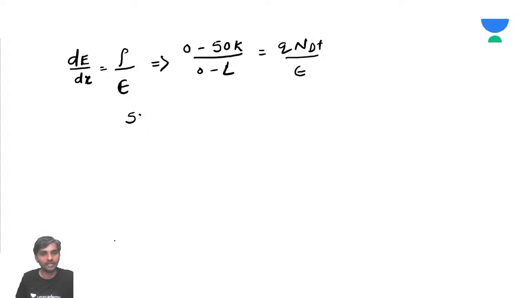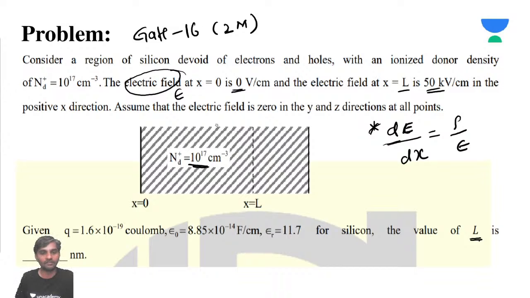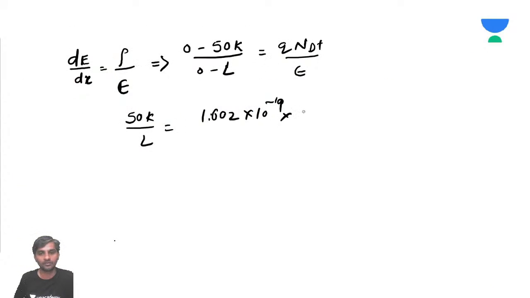So you will get 50K by L is equal to Q, which is 1.602 into 10 to the power of minus 19 coulombs, times Nd plus, which is 10 to the power of 17 per centimeter cube, divided by epsilon.